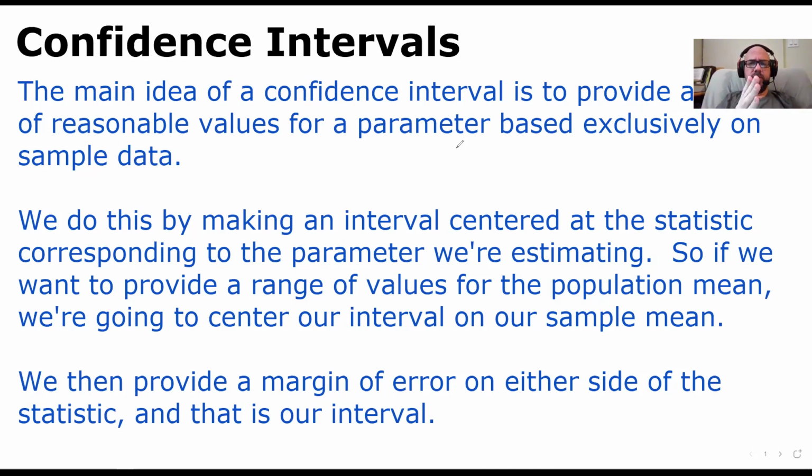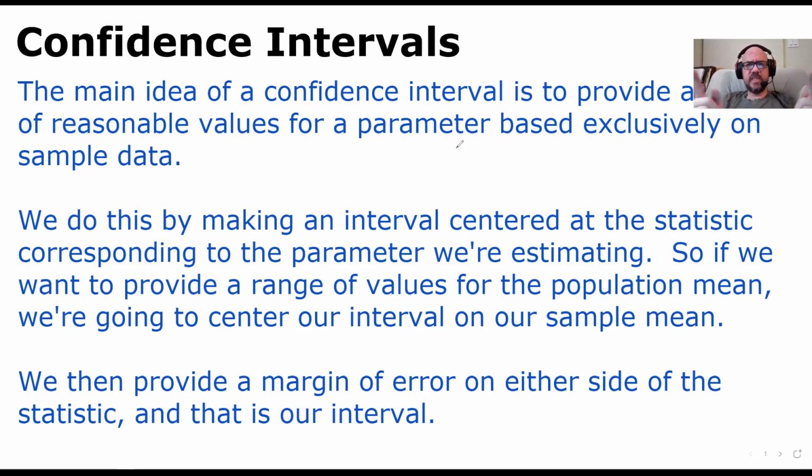We know that our sample mean isn't actually equal to the population mean, but it's probably reasonably close. We'll talk about what probably and reasonably close mean in just a couple of boards here. But we're going to use that as our point estimate for what we think the population mean might be.